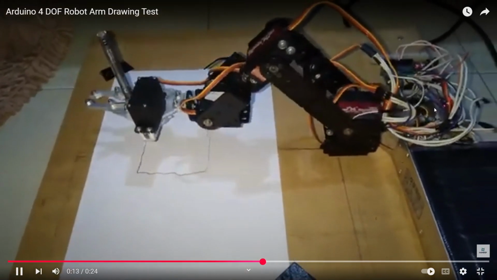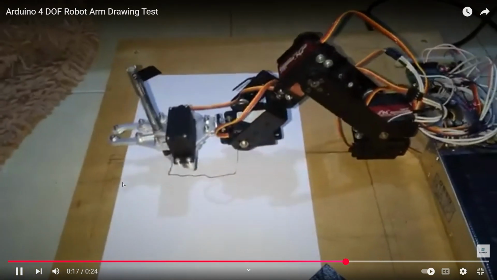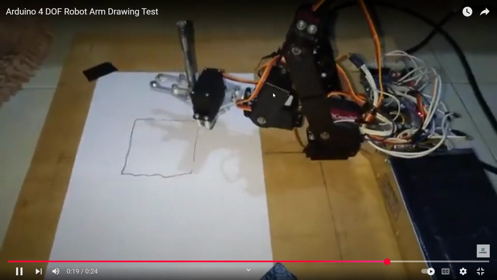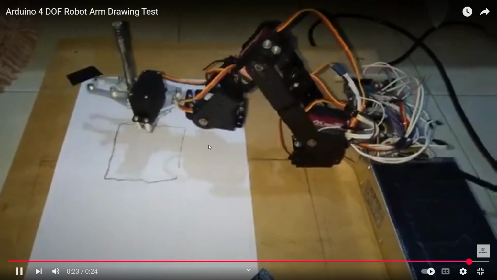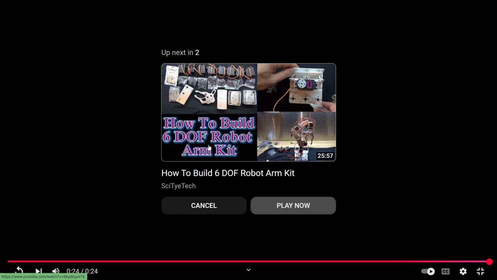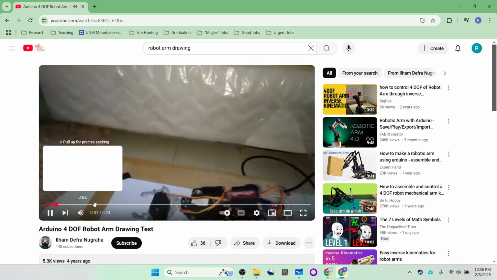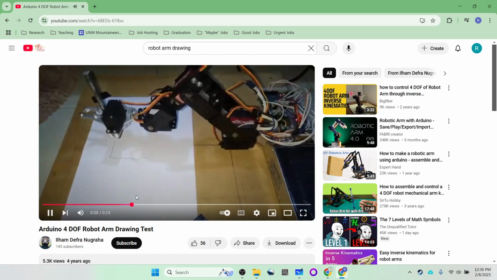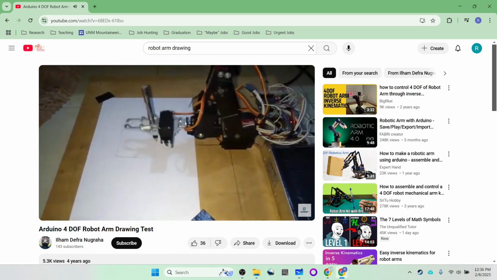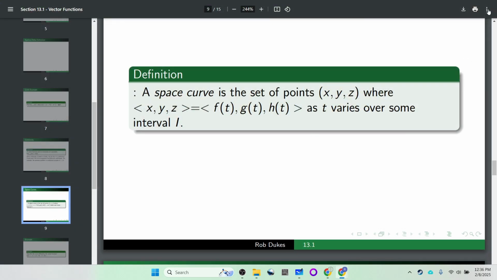The vector is the arrow that is this arm. It points from the origin out to the tip of the pencil. And then as the vector moves, the tip traces out a shape. And so that's kind of what's happening with space curves, that we are using a vector to trace out points, and then as it goes, it leaves a mark that is a curve. So that's how I think of vector space curves.